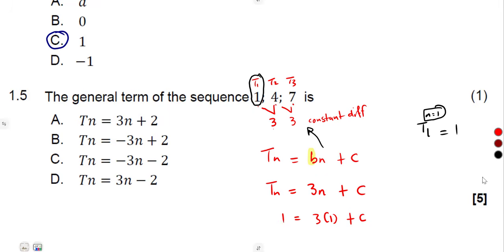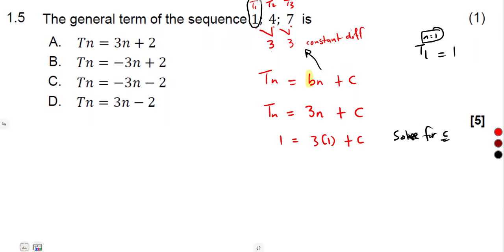So we can solve for C. That's an equation. Solve for C. Remember your equations from grade 8. That's going to be 3 times 1, which is 3, plus C. So what we need is to take 3 to the other side. That's going to be a negative. 1 minus 3, which is minus 2. So minus 2 is equal to C.